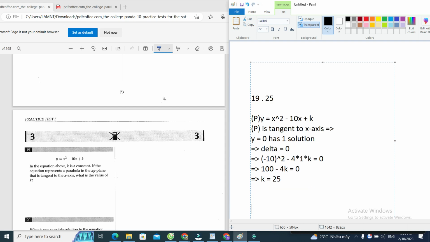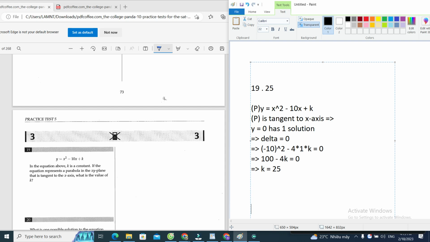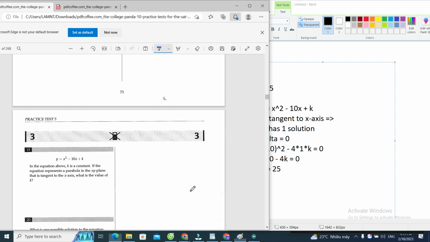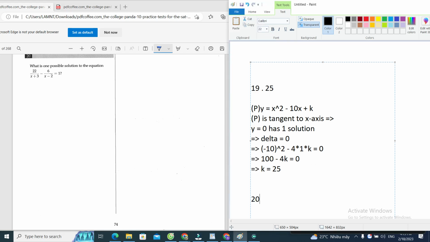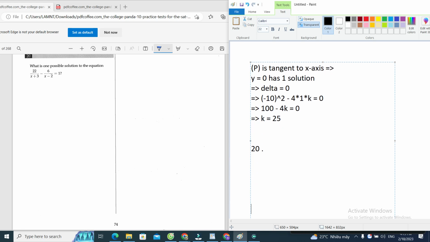Okay, so number 20. What is one possible solution to this equation? So we have to solve the equation 22 over x plus 3 minus 6 over x minus 2 is equal to 1.